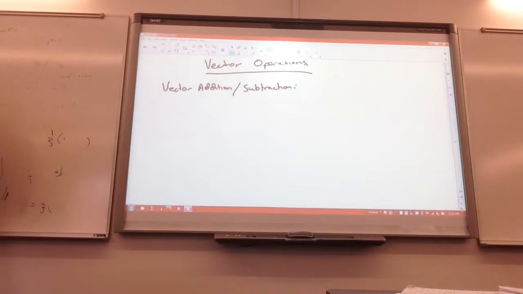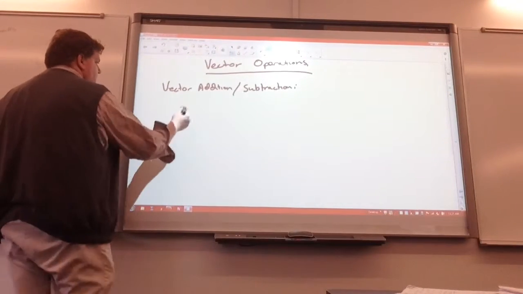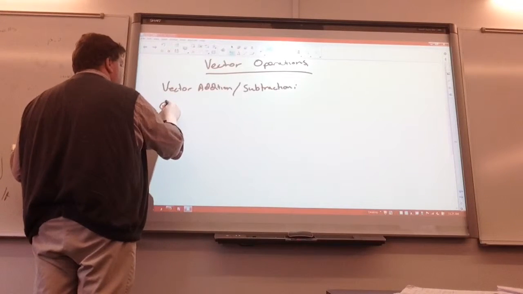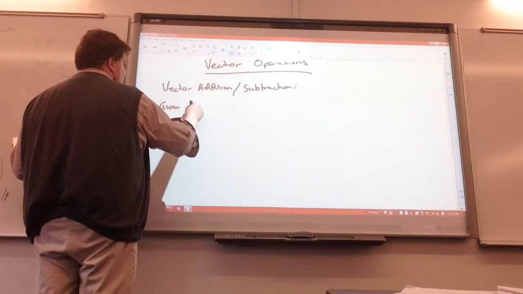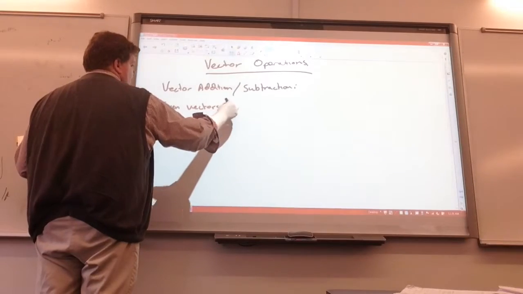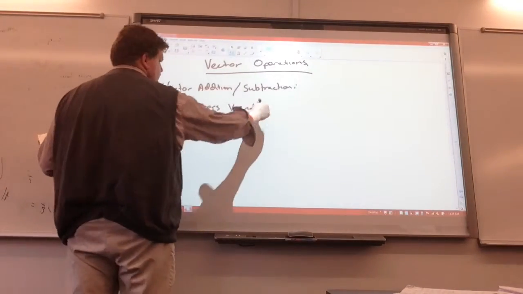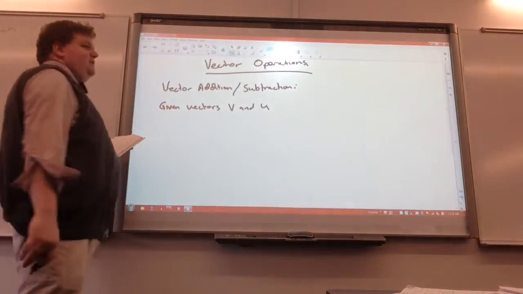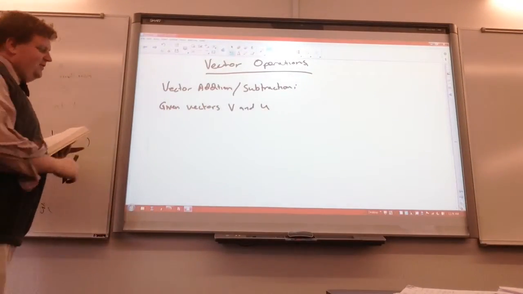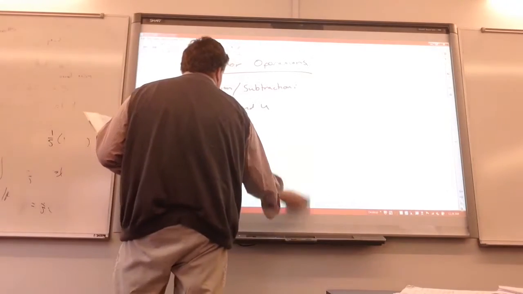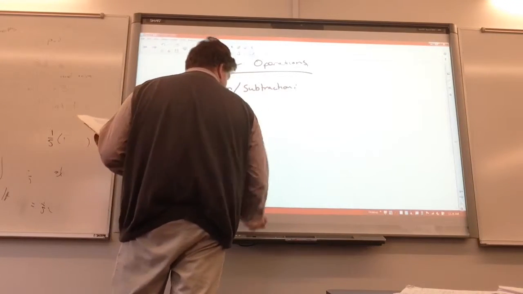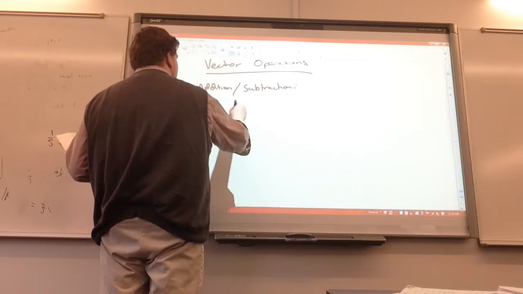This is really super easy. If I add two vectors together, let's say given vectors u and v. Let's make it u and v, so that at least alphabetically speaking, we're following the correct order, u comes before v.